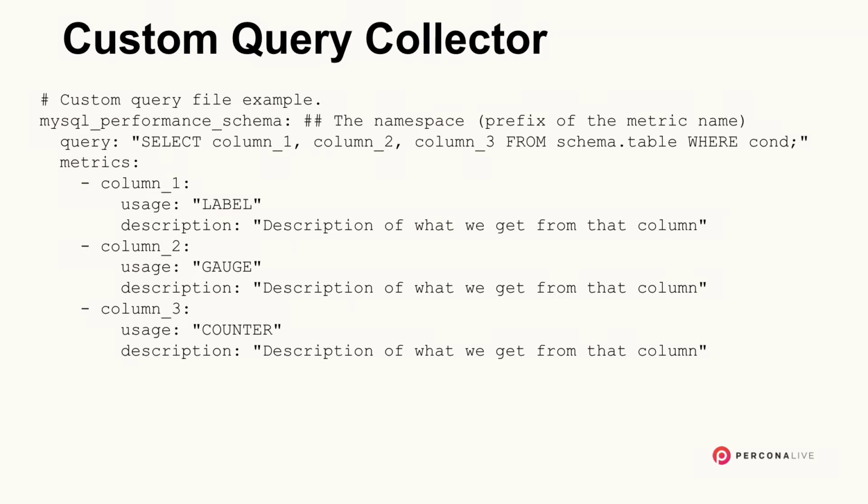Label is just like the bug where neither gauge nor counter fit, right? So typically, for instance, if you have an IP address, a host name, text, those all will be labeled. And then the description can be anything you want.